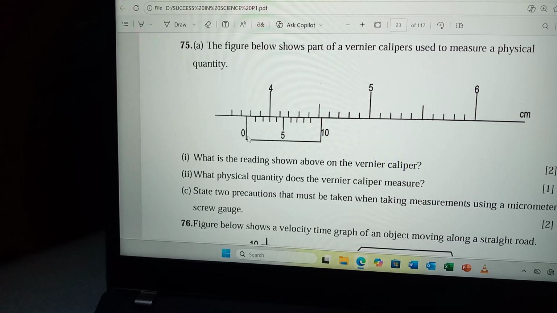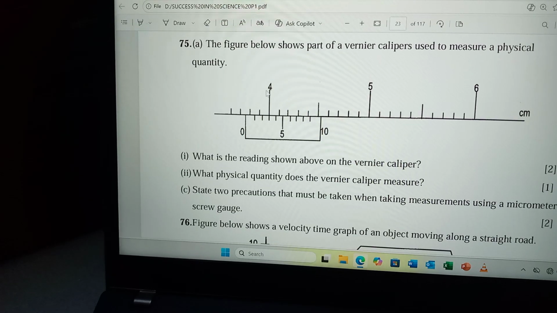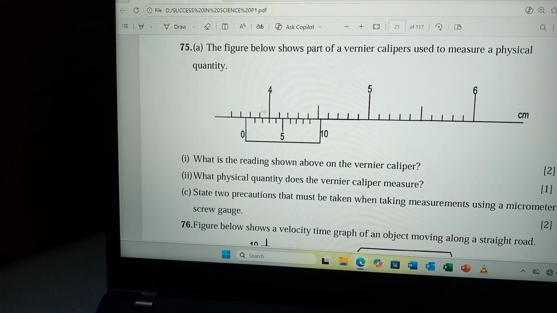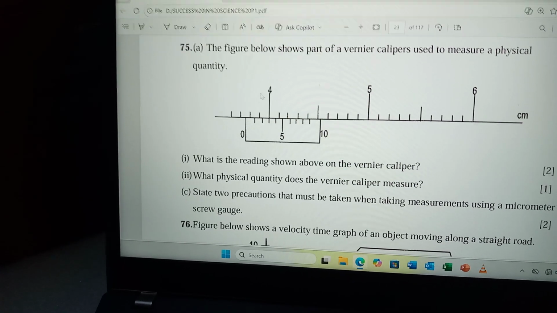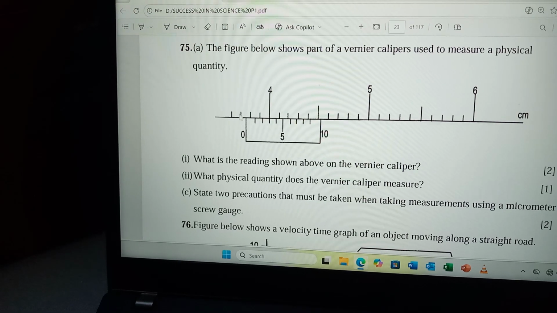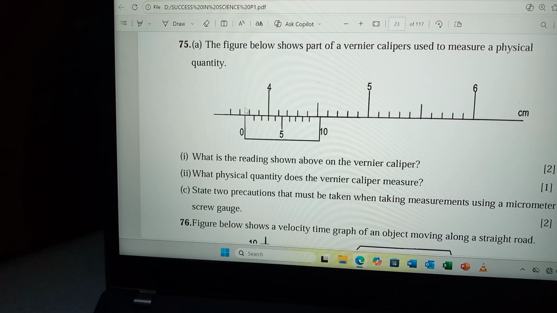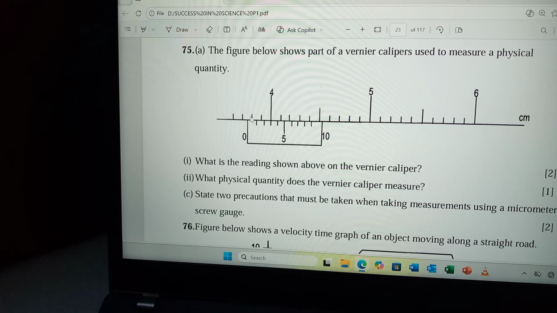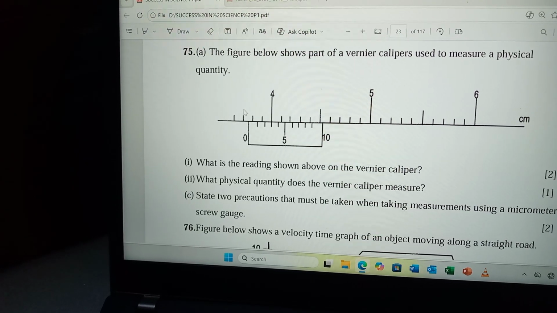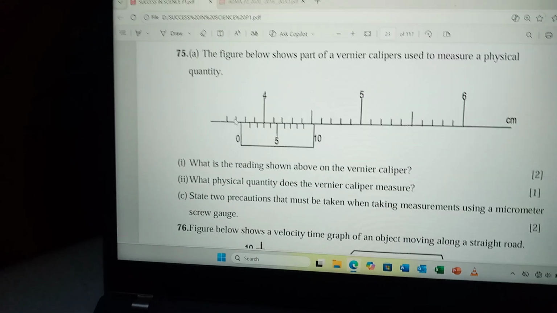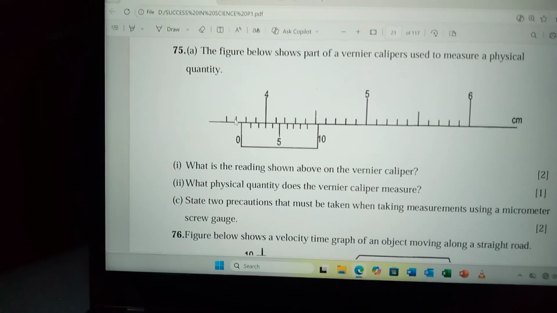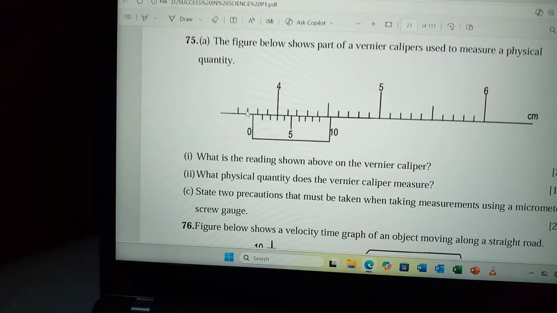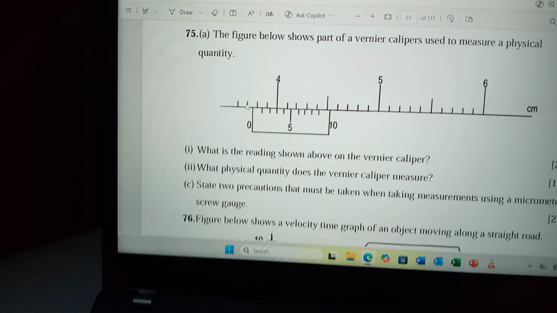That is 4. To reach this 4, this part was 3.9, 3.8, 3.7. So 3.7 is the value that you are going to use as your main scale.